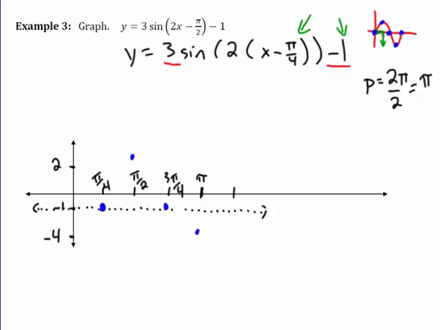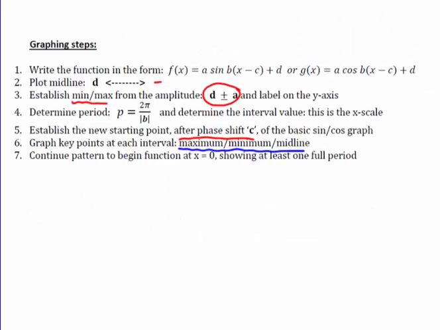Let's put our quarter periods in here. We continue this pattern of minimum, midline, maximum, midline, minimum, and we could go on forever. What we want to do, though, is go back to our starting point and back up, so reverse the pattern. If we started at the midline, that means the 0 point will be a minimum. Now that we have our key points drawn in, we have gone back to the starting point.